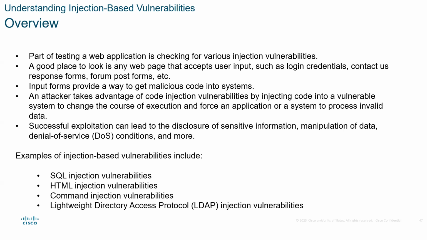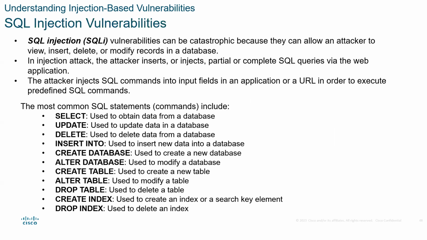Examples of all of these are SQL injection, HTML injection, command injection. Then there's also the LDAP injection weakness or vulnerability that we have. So let's take it one after the other. SQL injection, I think I talked about that earlier.